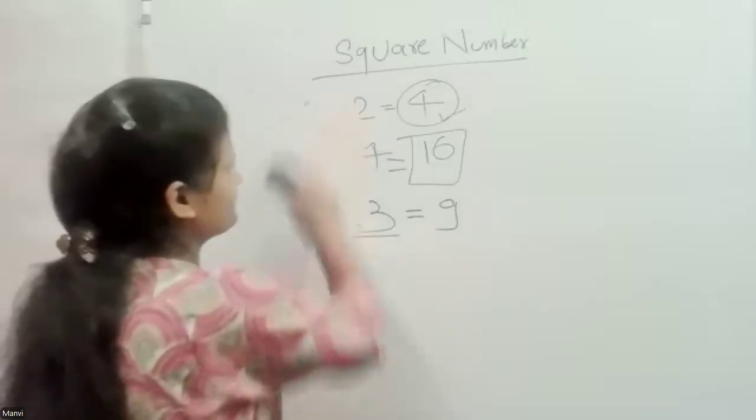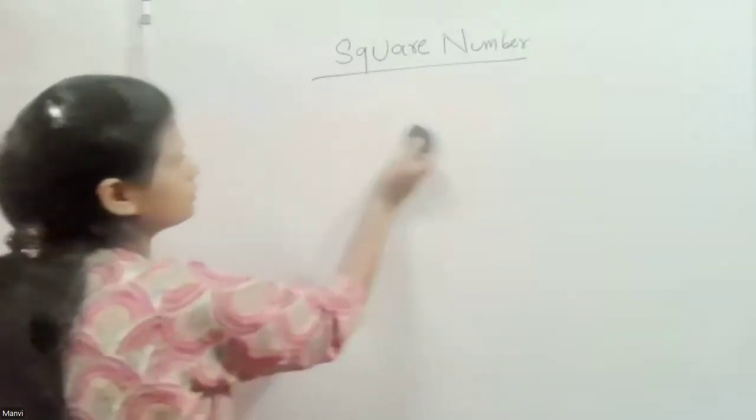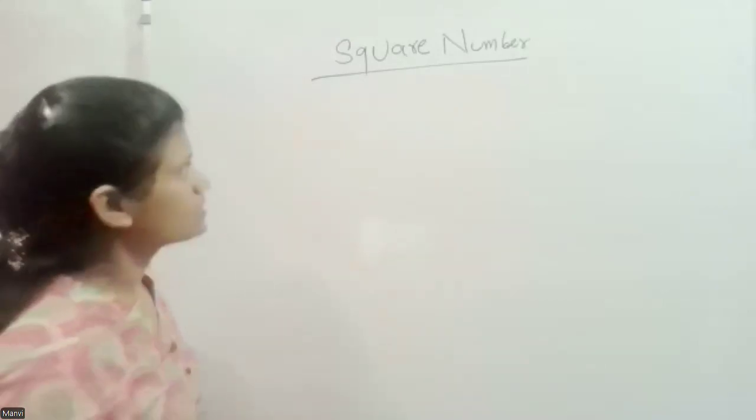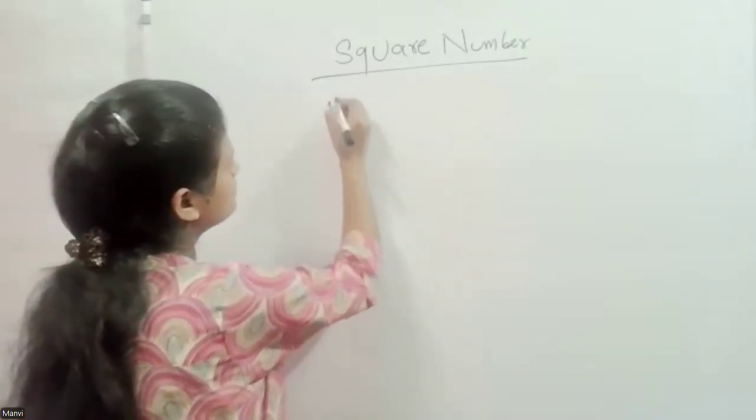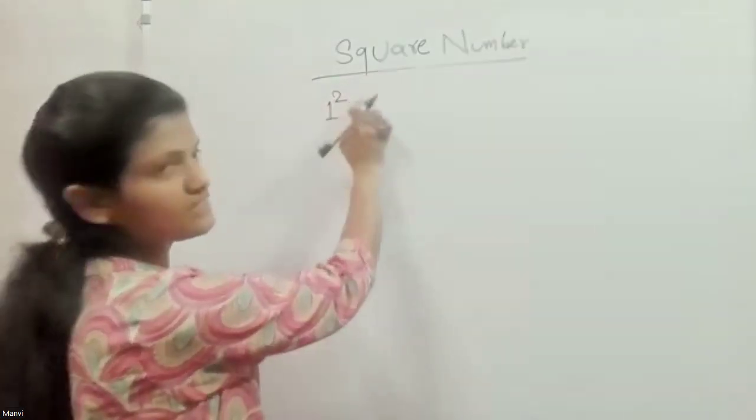Okay. Now let's try to write all those square numbers from the beginning. We write square numbers like this way, with index 2.